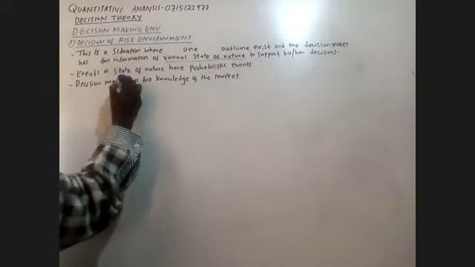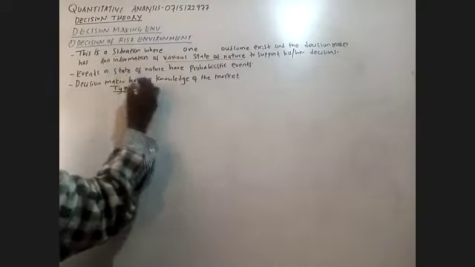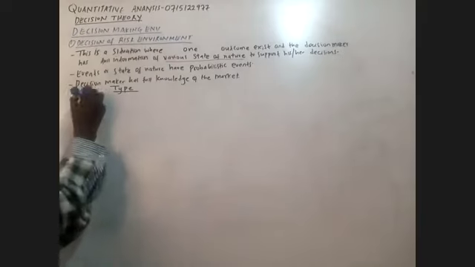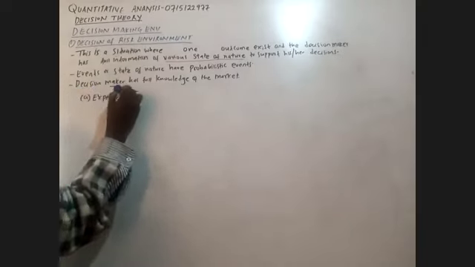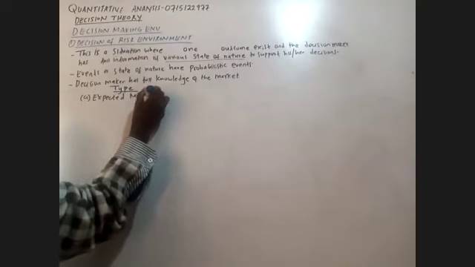This one is okay. Let us see types of decision making under this environment. Number A, expected monetary value.